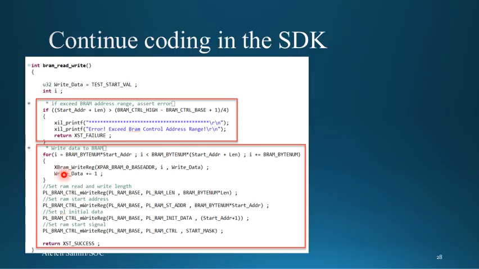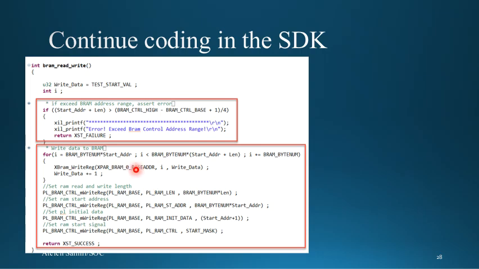The XBram write register will be called, which is a function that has been defined after creating different drivers and exporting from Vivado to the SDK. As you can see, it has three parameters.